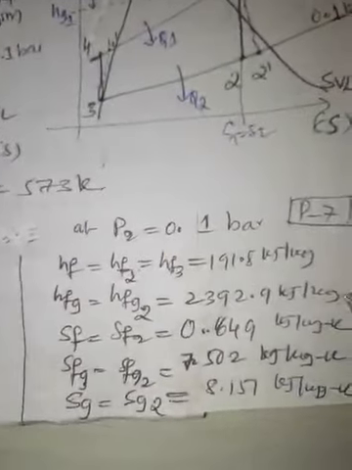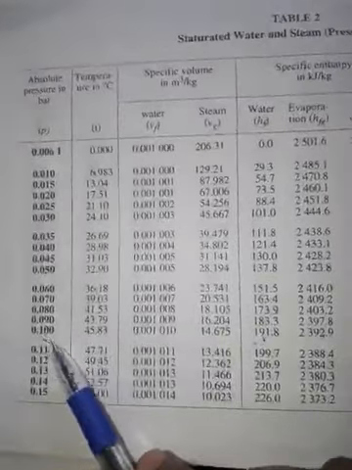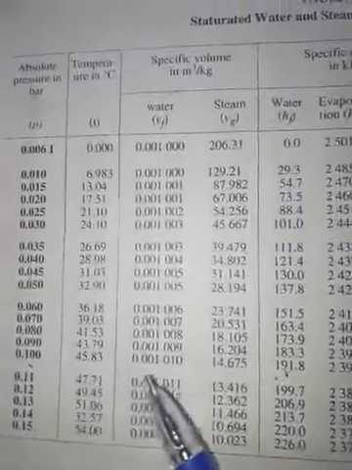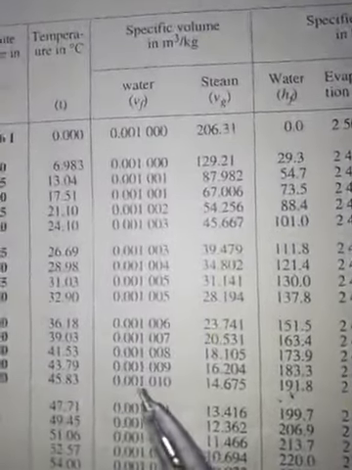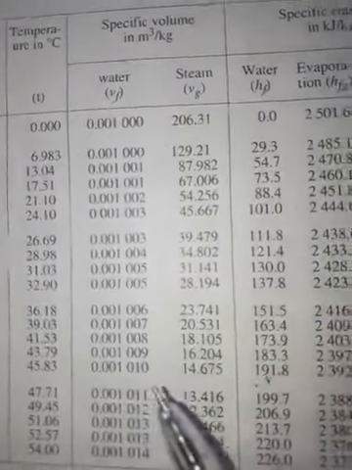Now coming to the condenser pressure, that is P2 equal to 0.1 bar. On page number 7 in the steam table we have the properties at 0.1 bar pressure. So this is the 0.1 bar pressure. This is the Vf value that we can note down.